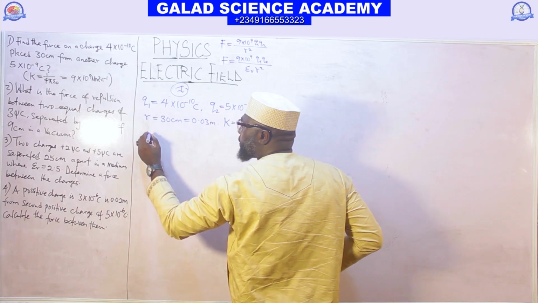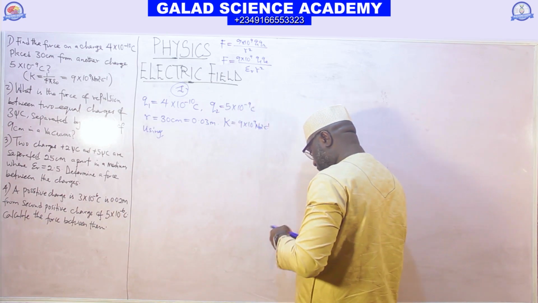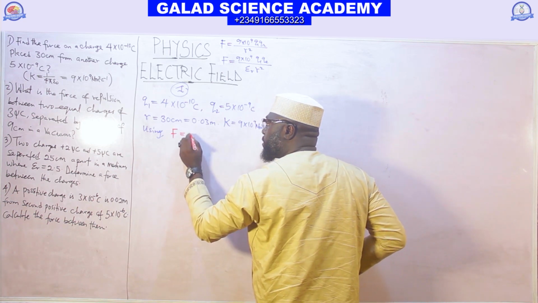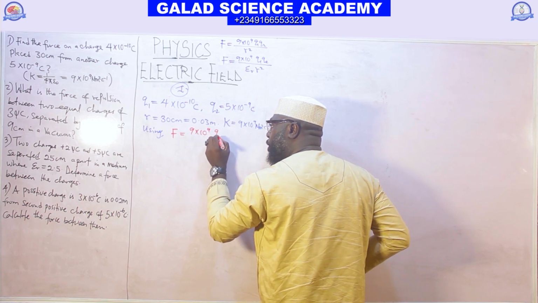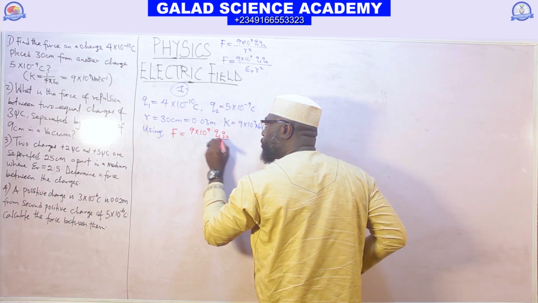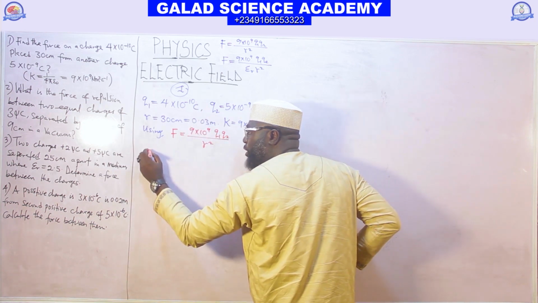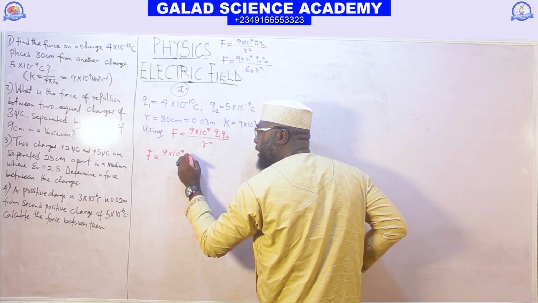Using force F equals 9 times 10 raised to power 9 Q1 Q2 over R square. So what is my first charge given here? 9 times 10 raised to power 9.